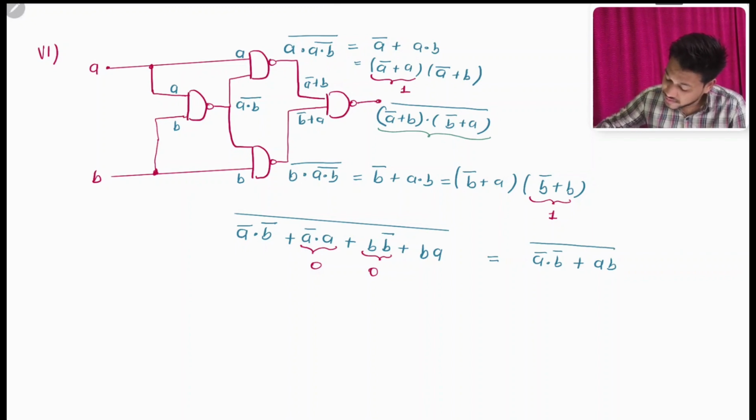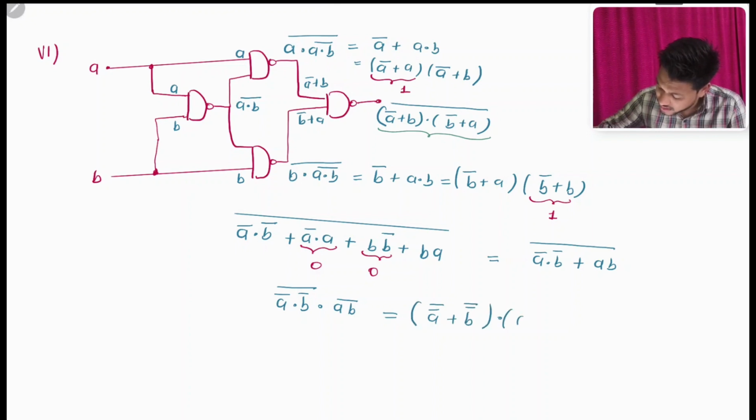Now apply De Morgan's law here. It will be (A bar dot B bar) whole bar dot (AB) whole bar. Now apply De Morgan's law here. A double bar plus B double bar, A bar plus B bar. This double bar will be A and B.